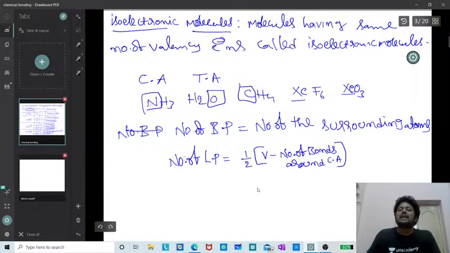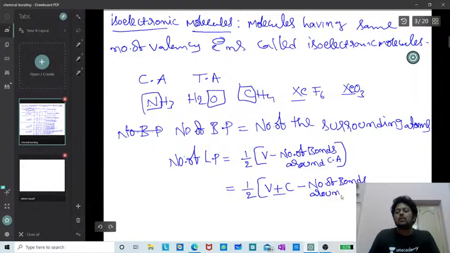How will we tell the number of bonds around the central atom? I am going to tell that point. For example, in the case of ions, it will be half into the valency electrons of the central atom, plus or minus the charge, minus the number of bonds around the central atom.